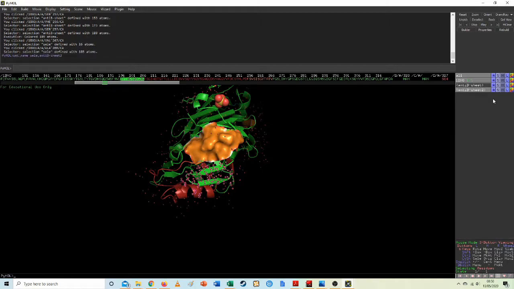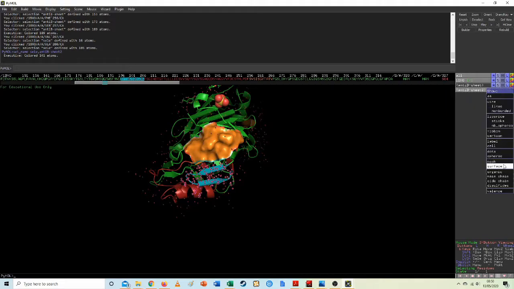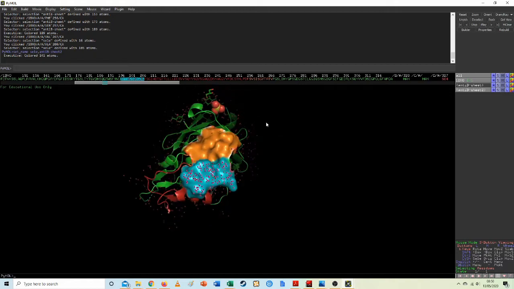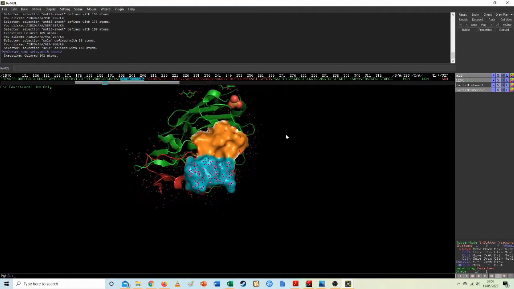Right. And what I want to do is I'm actually going to colour this. I'm going to make it really obvious and make it teal colour. And what I want to do is show the surface of that. Now, what I'm going to do is show you the surface of the entire area.